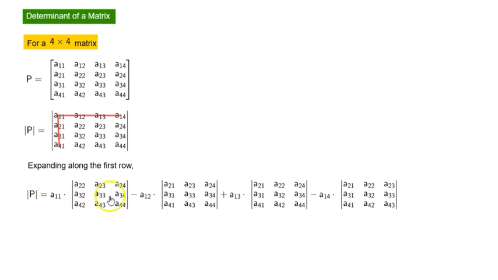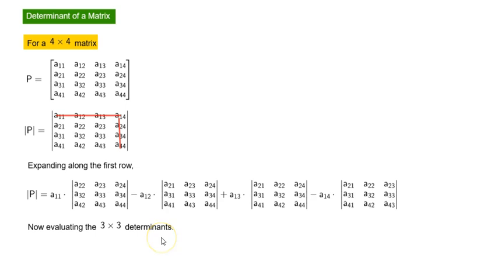So determinant of this minus A12 times the determinant of the remaining part of the matrix, plus A13 times the determinant of the remaining part of the matrix. And finally, A14 times the determinant of the remaining part of the matrix.